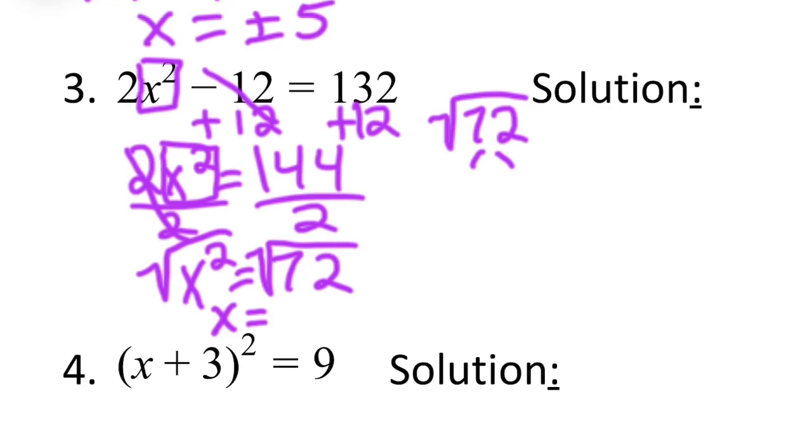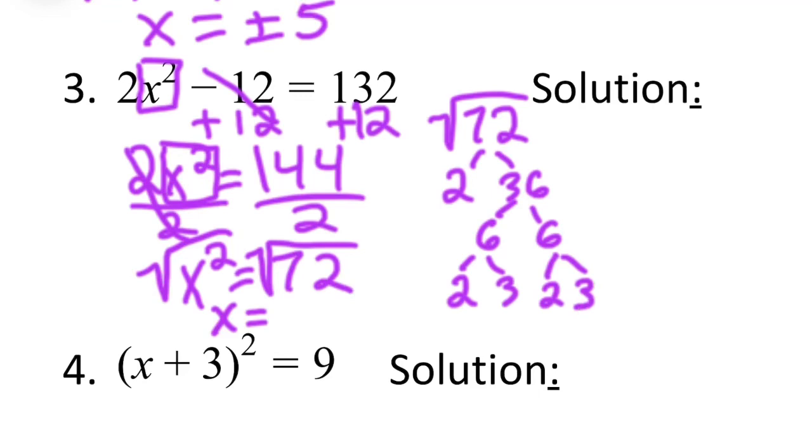It ends with a 2, so we know that it's an even number, so we know 2 can go into it. So 2 times 36. And then we should know 36 is 6 times 6. If you want to keep going, 2 times 3 and 2 times 3. So our prime numbers are 2, 2, 2, 3, and 3.